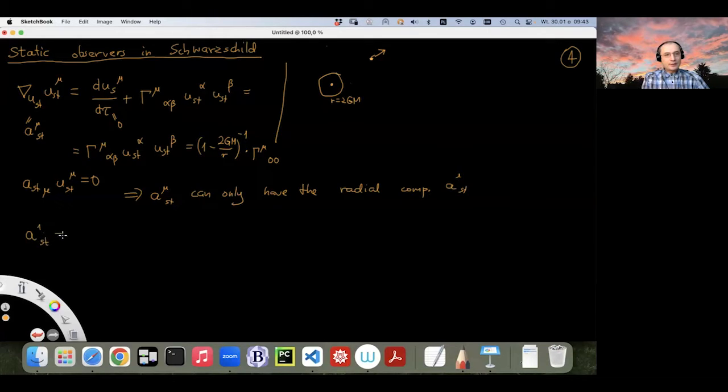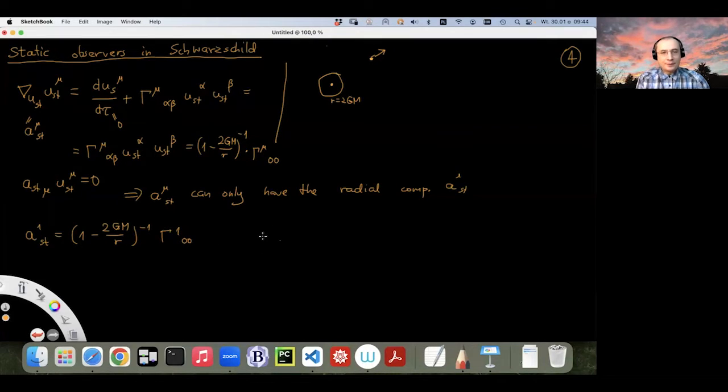a^1_static is (1 − 2GM/r)^(-1) times Γ^1_00. It's just one Christoffel to calculate. In principle, it's a good exercise to calculate all the Christoffels of the Schwarzschild metric, but for the sake of time, I will not do it here.